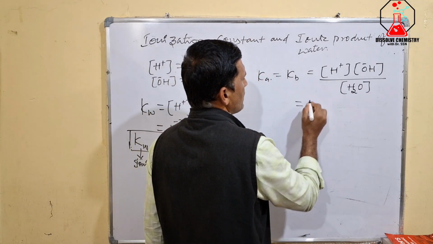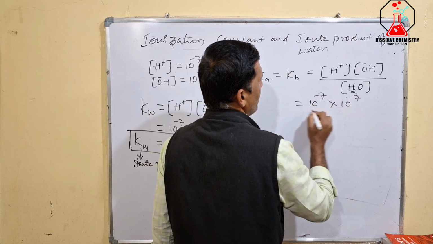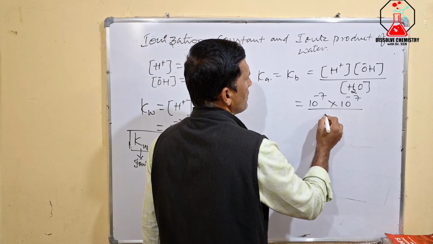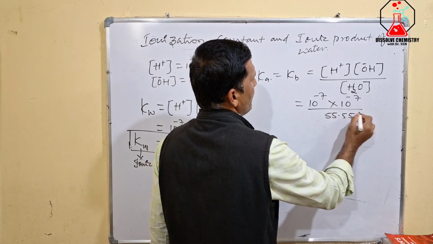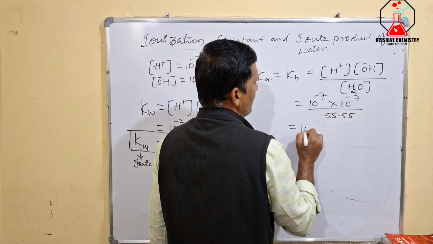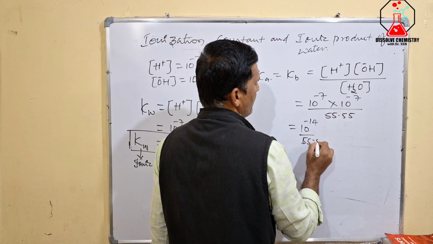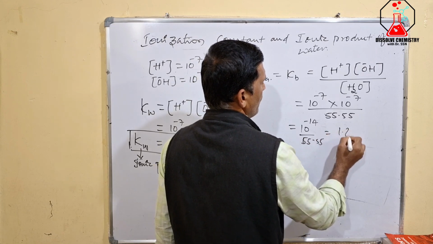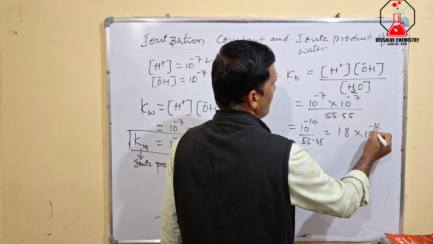So that is equal to 10 to the power minus 7 into 10 to the power minus 7 divided by 55.55, which is equal to 10 to the power minus 14 divided by 55.55, which is equal to 1.8 into 10 to the power minus 16.